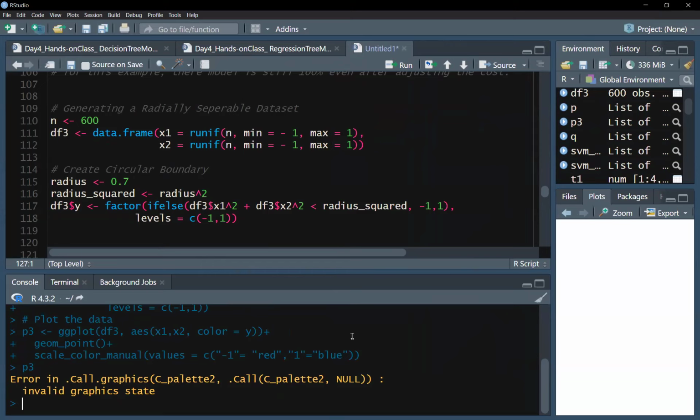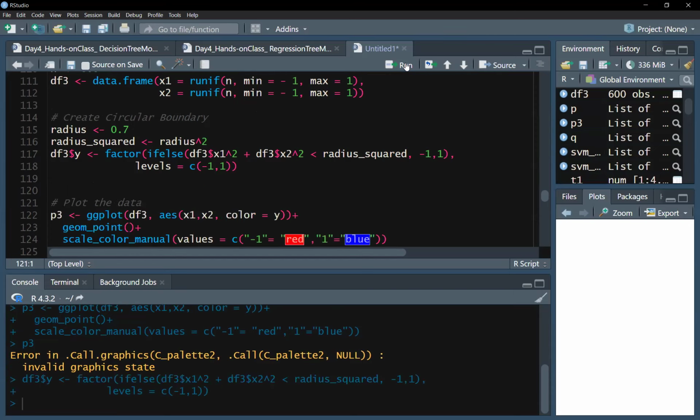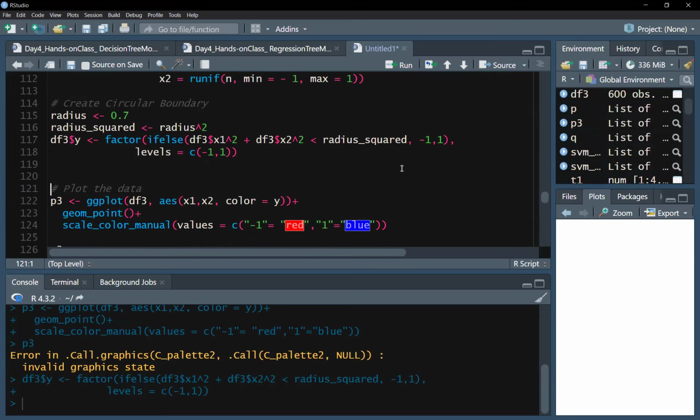Okay, so you have -1 and then 1 and then the levels. Okay, so run 117, let's see. That one ran. Yeah, ran. Okay, so you have ggplot, df3, aesthetics, jump point, go down a bit.